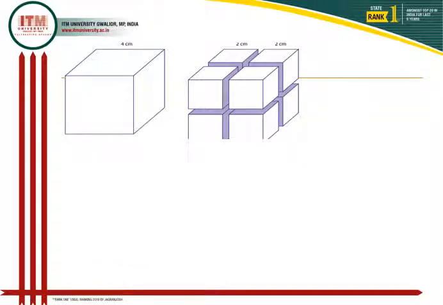In this case, start with the left cube. The surface of each face can be calculated. What will be the surface of each face? Yes, it will be 16 centimeters square.